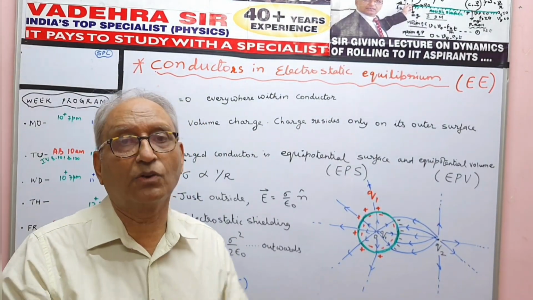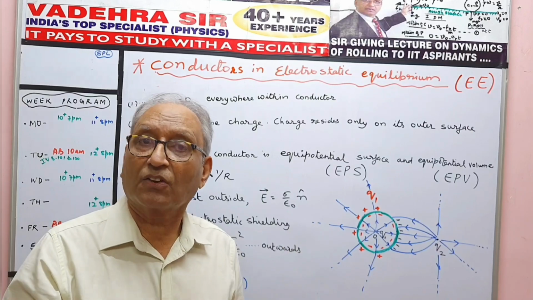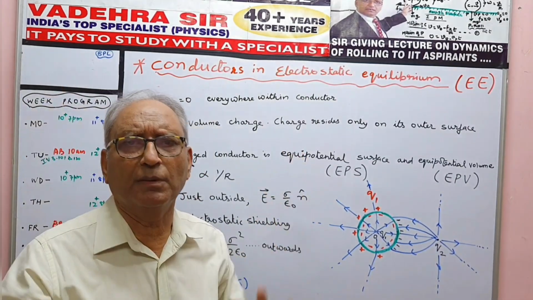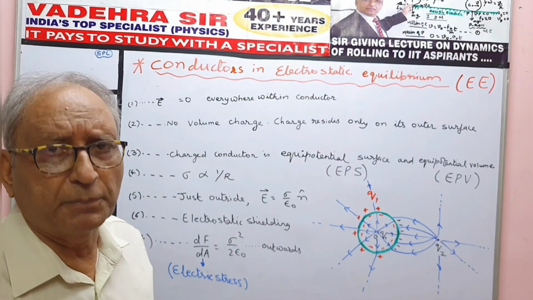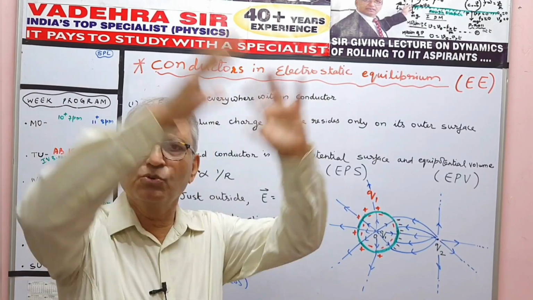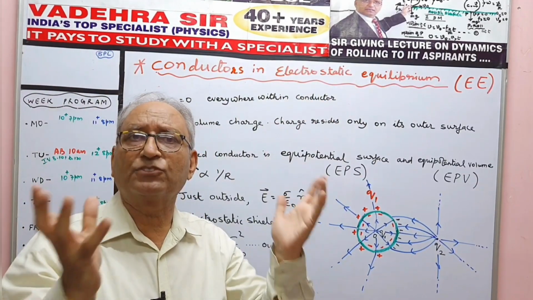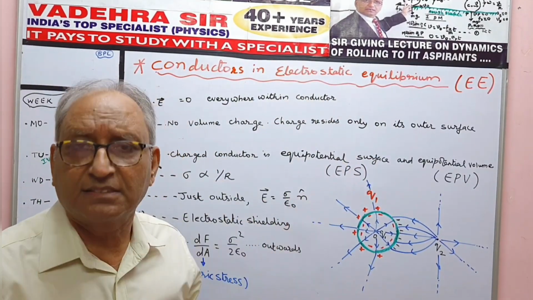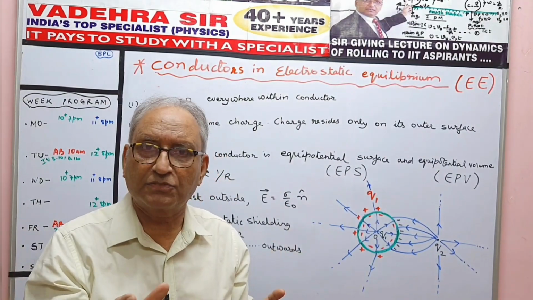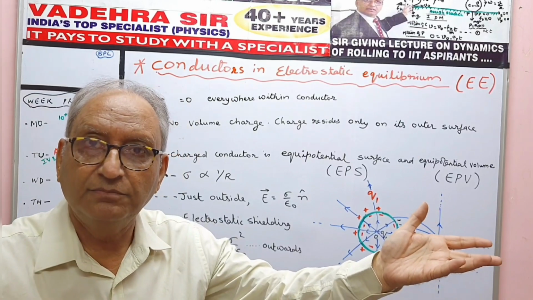Electrostatic shielding is a very, very major concept that you use in many of the tough problems, especially at the JEE Advanced level. You can have a solid conductor, and there could be a cavity or cavities within the conductor, with charges in the cavities and charges outside.